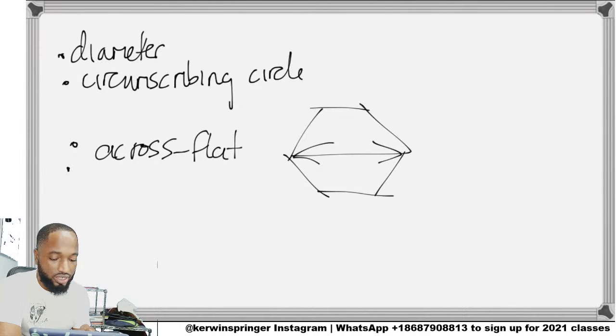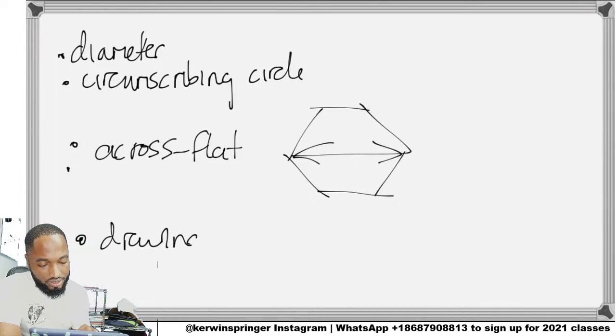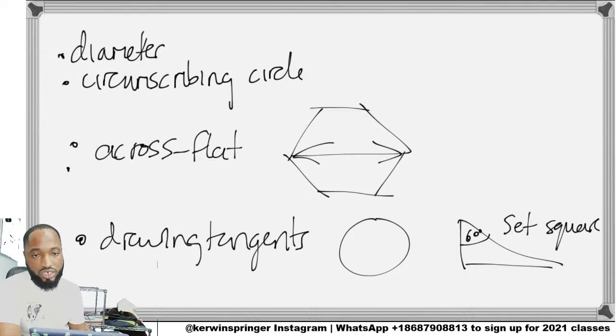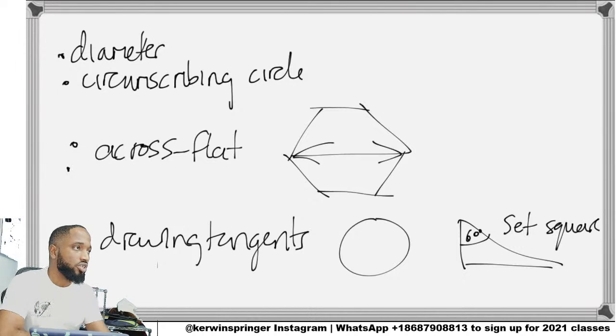You can also construct a hexagon by drawing tangents on the circle with a 60 degrees set square. Three main ways to construct the hexagon, and there are other ways as well, but know those three.